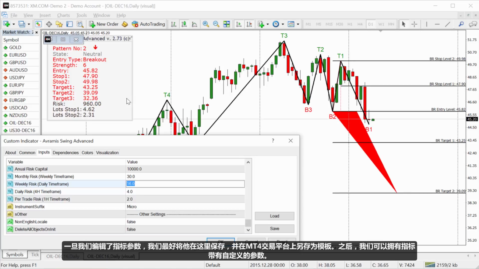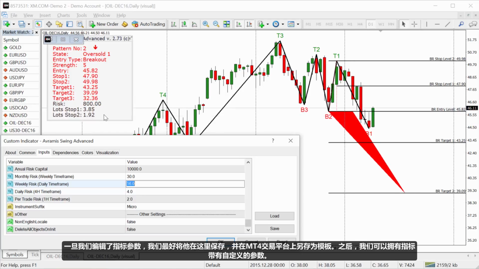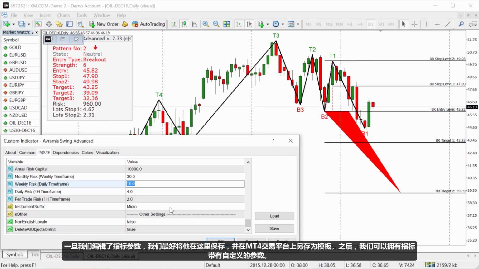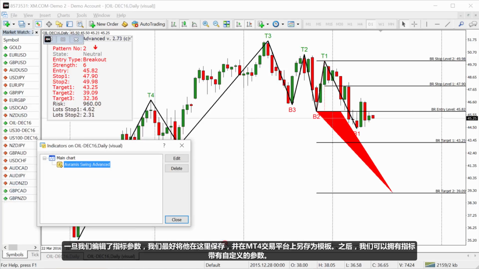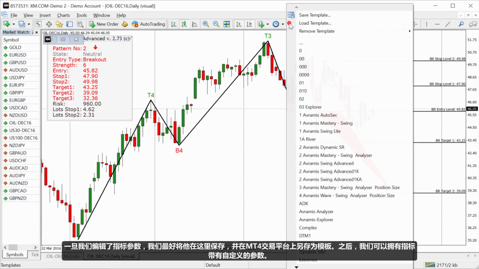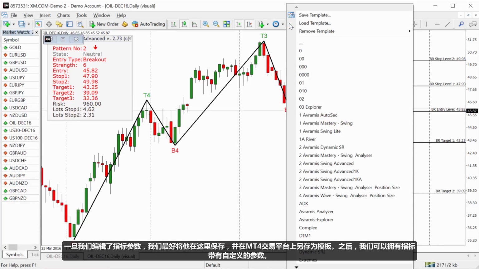Once we have edited the parameters of the indicator, it is best to save the settings here and then also save this as a template on the MT4 platform so that we can have our own customized settings with the indicator.